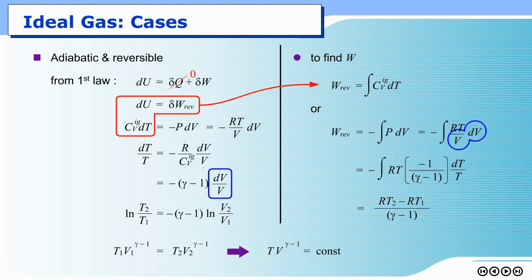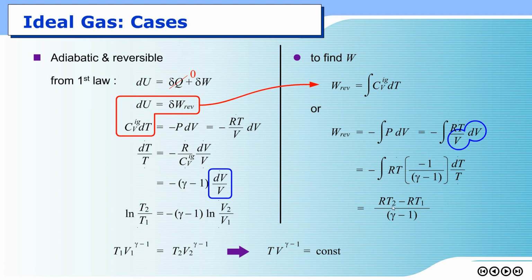Now you can see that the right hand side under the integration is a function of temperature only, because we take the heat capacity ratio gamma to be constant. If you take this one out of the integration, the temperature here and the temperature there would cancel out. You end up with the integral of dT, which is T2 minus T1.